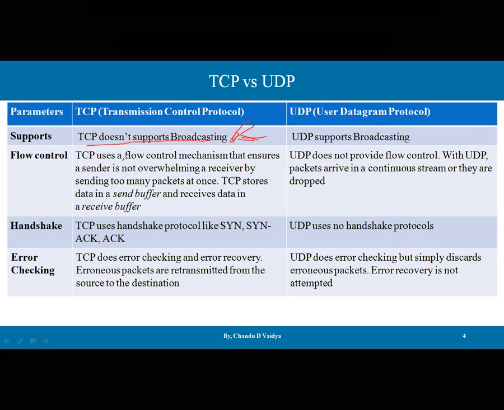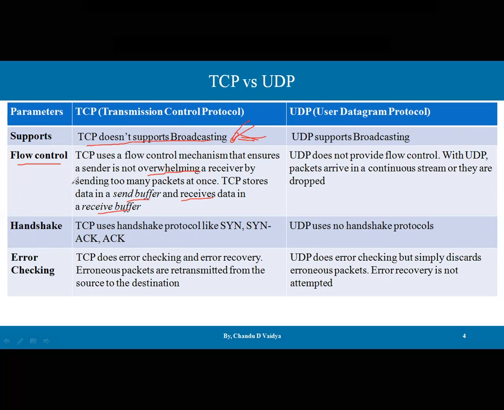Flow control. TCP uses a flow control mechanism that ensures a sender is not overwhelming a receiver by sending too many packets at once. TCP stores data in the sender buffer and the receiver data in the receiver buffer. So here there is a concept of flow control. In order to control the rate of the sender and receiver, we have the buffer as a mechanism, so that they can adjust their load.